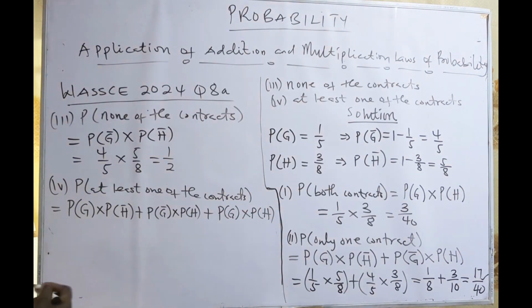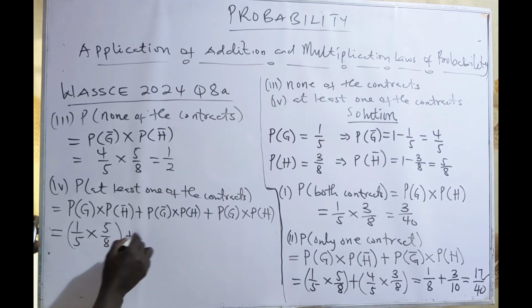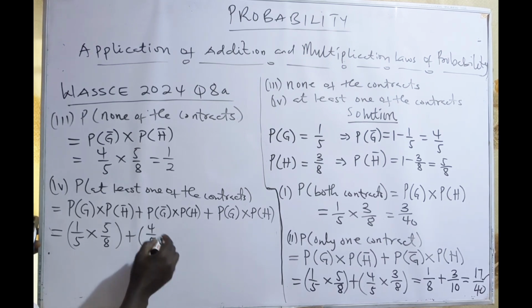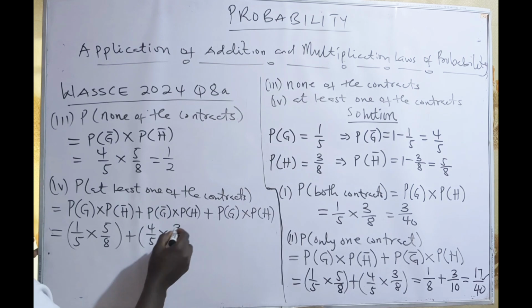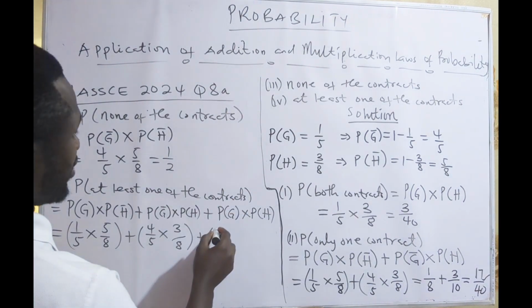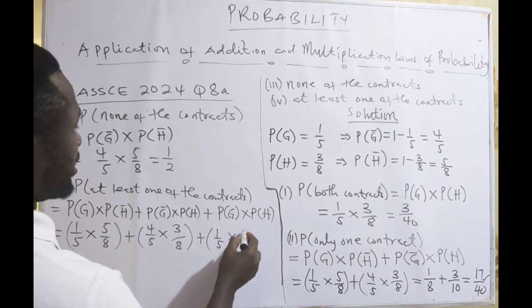All right. So we will have what? Probability of winning J, 1 over 5, times not winning H, 5 on 8, or probability of not winning J, 4 over 5, times probability of winning H, 3 on 8, or probability of winning both, that is 1 over 5 winning J, and winning H, 3 over 8.